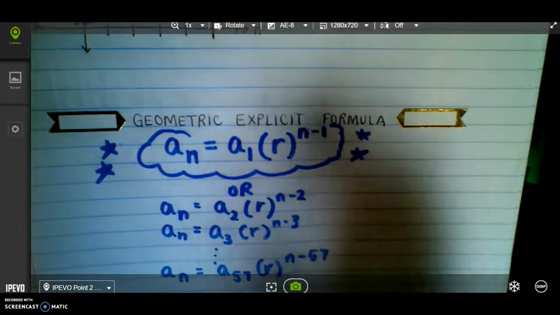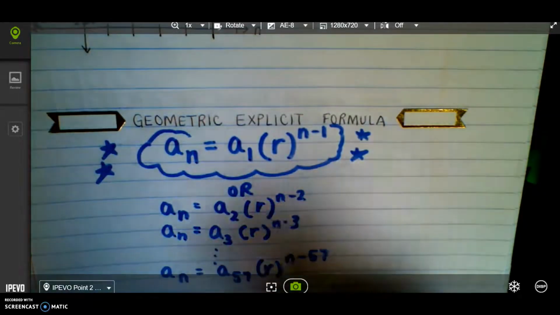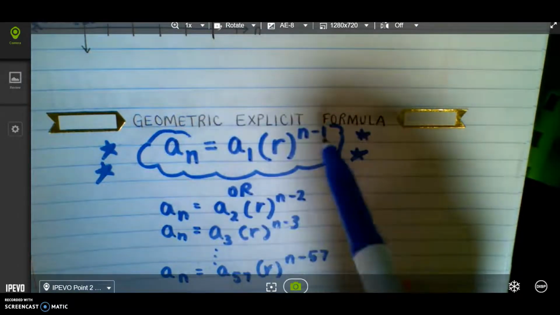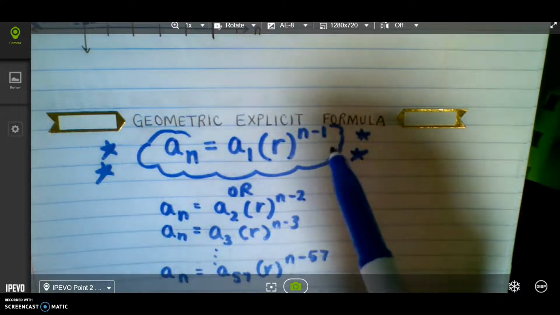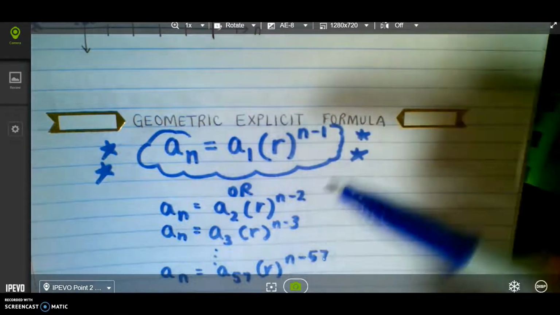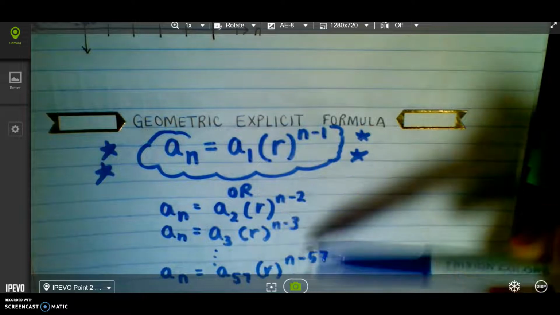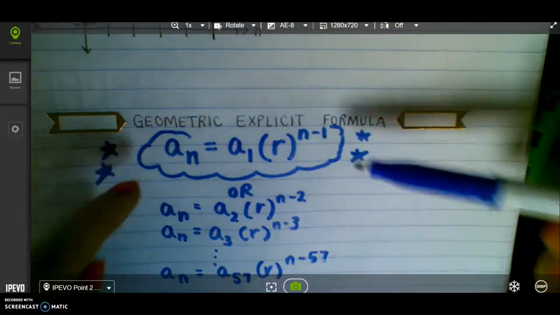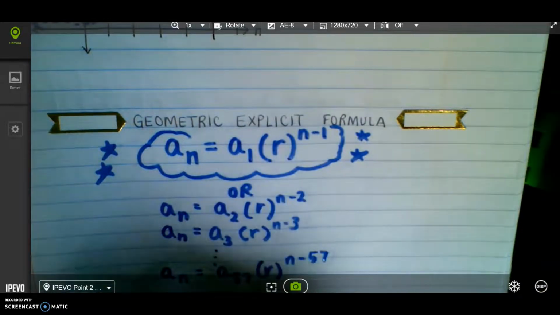But different than arithmetic explicit formulas, we can only use the first term with n minus 1 shifting to the right when it asks for a geometric explicit formula. We can use other versions to help us find information, but if they're asking for you to write the formula, you have to use that first term formula.